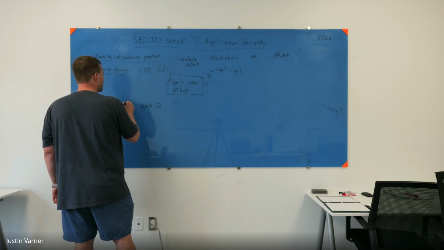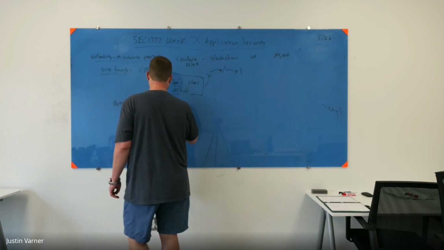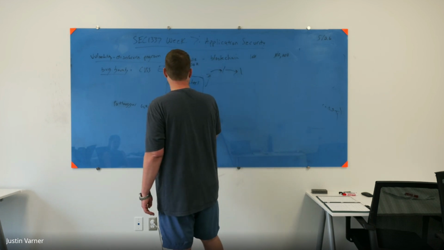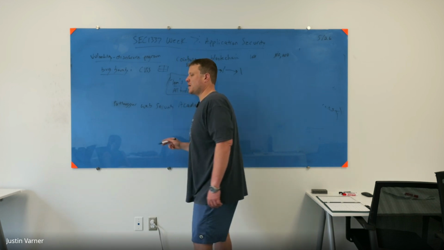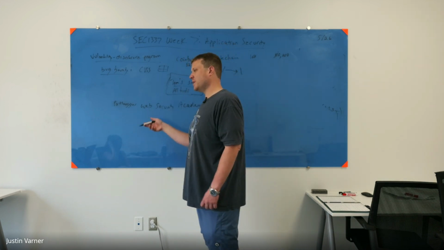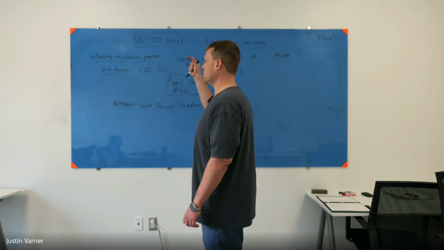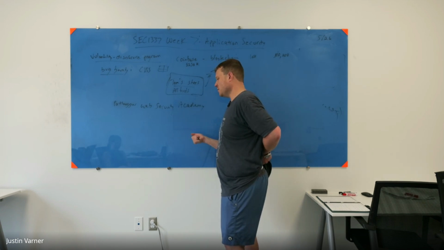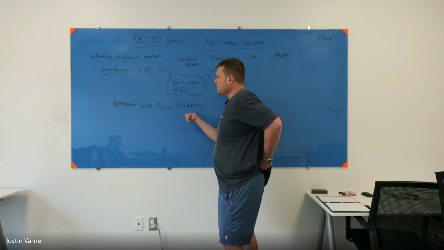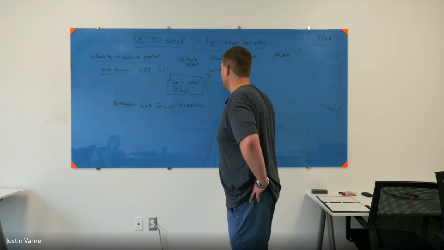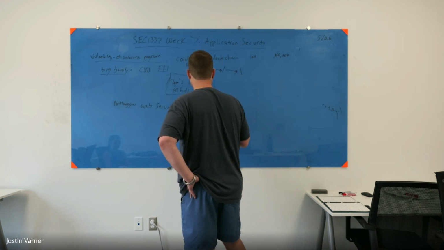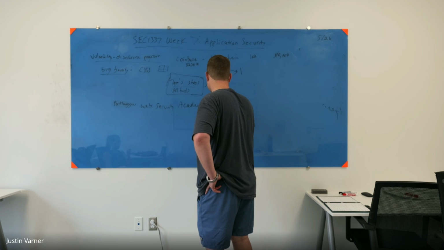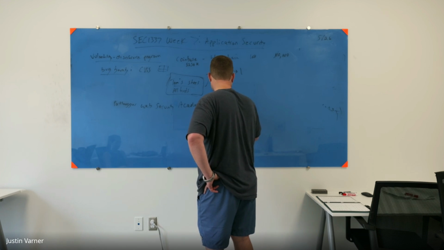PortSwigger makes Burp Suite, which is one of the best manual security testing tools, and they have a whole academy that's free that allows you to learn about the OWASP Top 10, web, API, and mobile. It gives you example hacking challenges before you can proceed, and makes you actually inspect the code and see where you could have issues, like SAST and DAST. Totally free. They give you a certificate, and when you finish it, I think they'll also give you a license to their Burp Suite Pro. Their community edition is included for free, but Burp Suite's a dope tool.